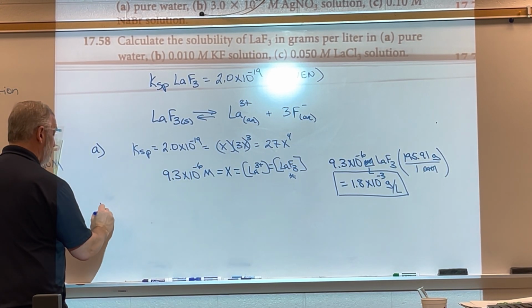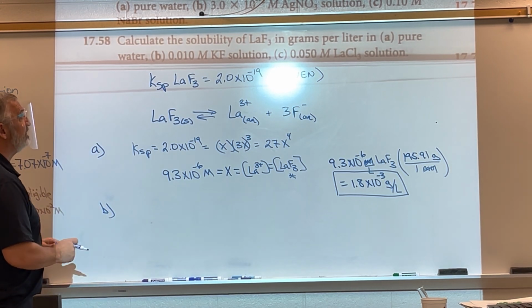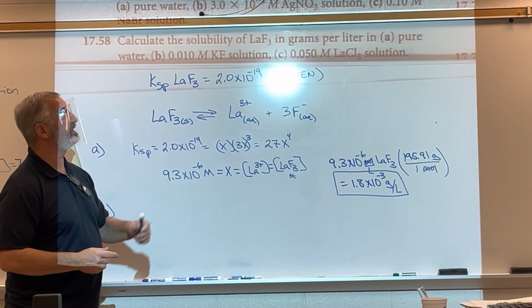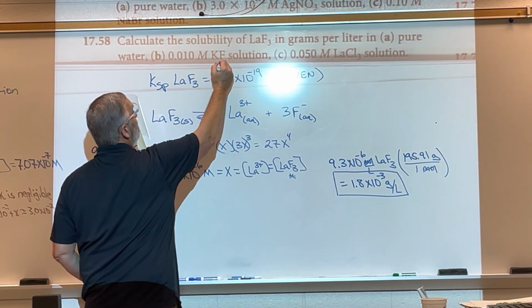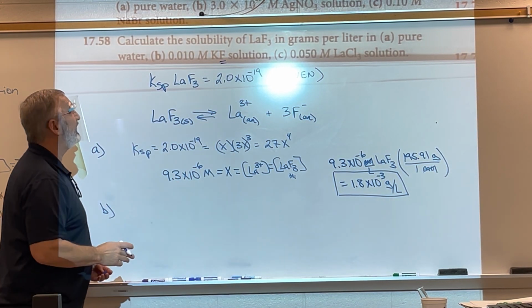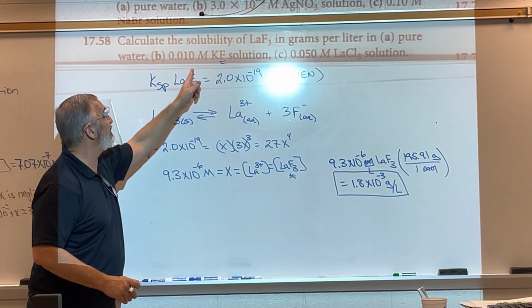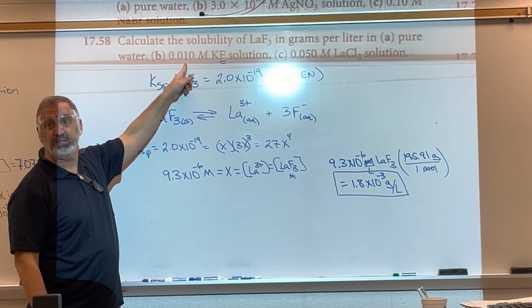So now B. This time in B, we have a common ion. What's the common ion in B? Fluorine. Now Caitlin asked a great question: because of this 3F, do I multiply the 0.01 times 3?